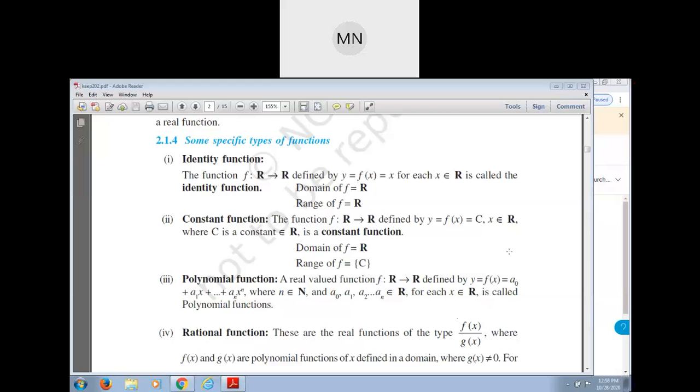And here I have already told that a naught, a1, these are real numbers. Now tell me, suppose I write the function as x plus thrice x squared plus 4x cube. Is it a polynomial function or not?